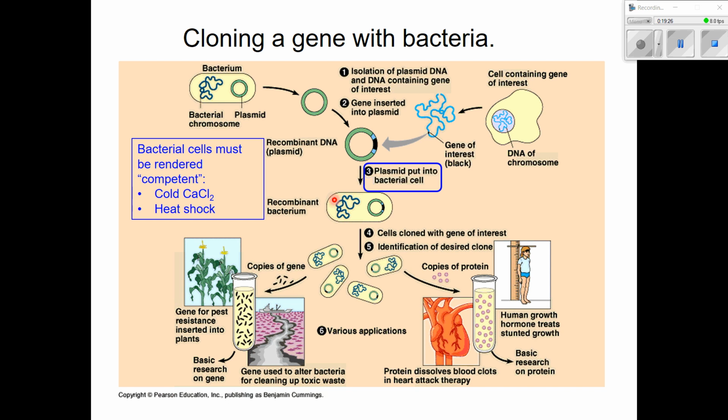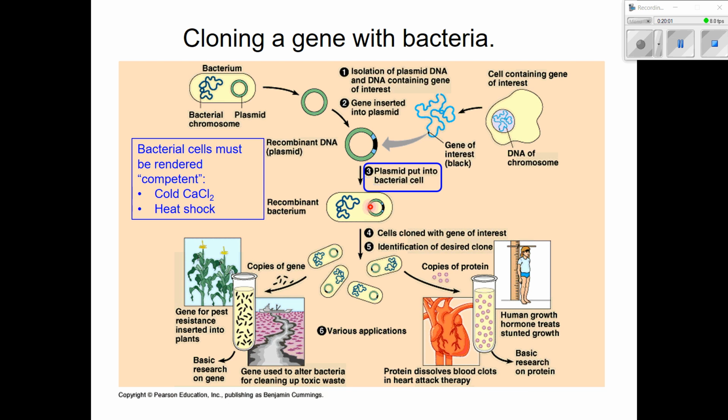And for some reason, I don't think the reasons are completely known, cold calcium chloride causes very tiny openings to develop in the membrane around the bacterial cell. It causes the membrane to become somewhat porous so that it's physically possible for plasmid DNA to get through those tiny holes and get into the bacteria.